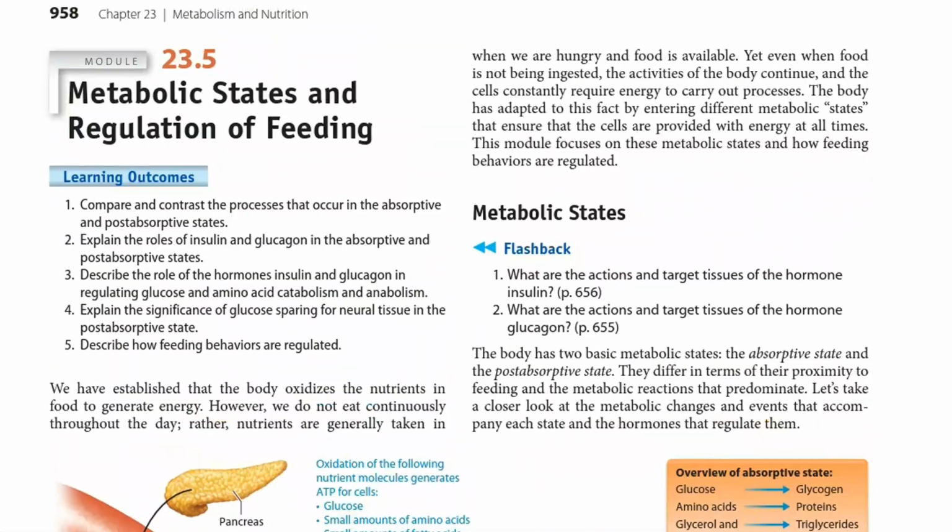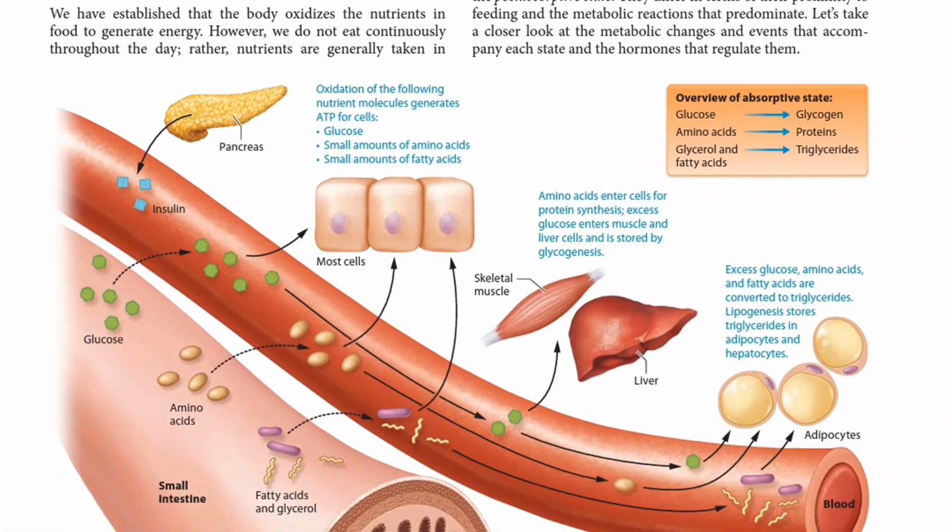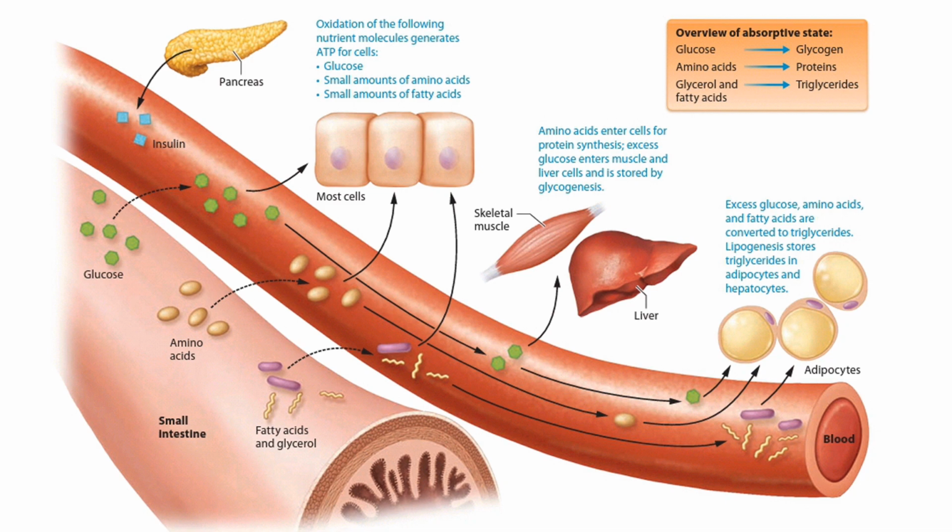Now this is also one good concept map for you for the assimilation of carbohydrate, protein and lipid. Okay, where the glucose is going, what happens to fatty acid, glycerol, amino acid.